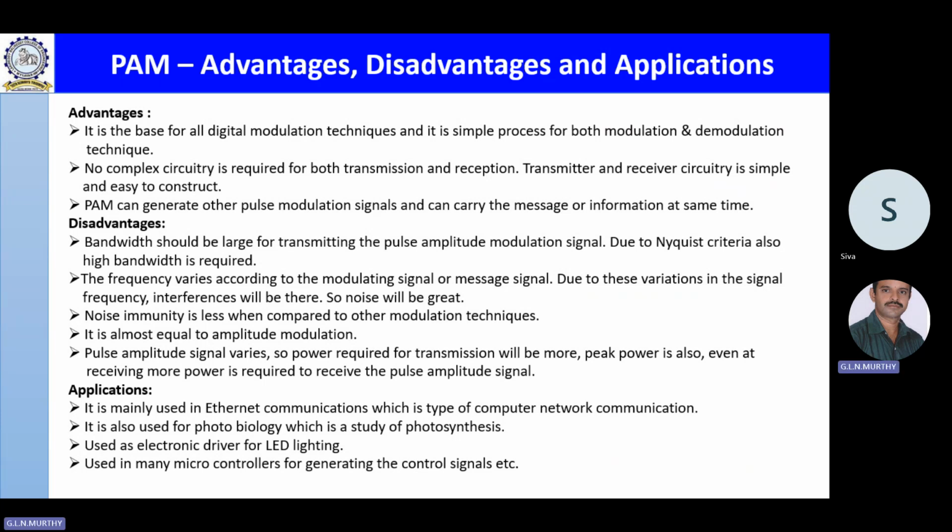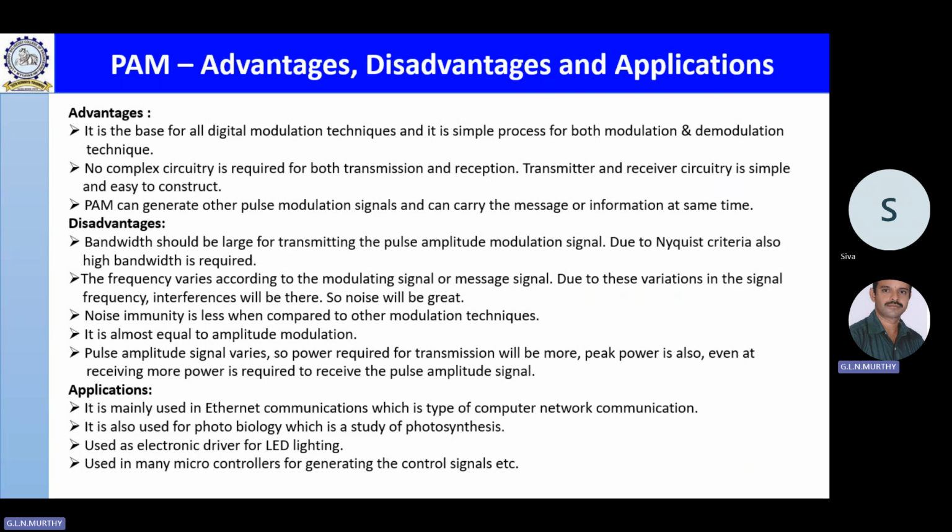And one more important thing, amplitude is changing, so whatever drawback we have seen earlier in amplitude modulation also exists here in PAM, right? So what are the drawbacks? It is easily affected by noise as amplitude is changing.